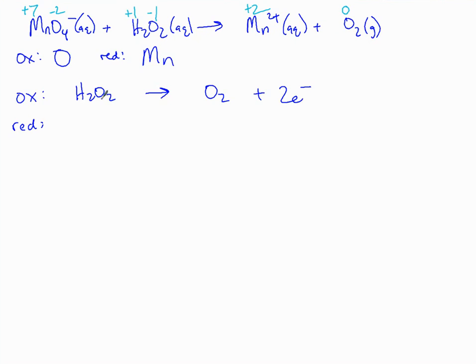There's 2 oxygens here. Each one of them lost an electron. So we had a -1 oxidation number, but keep in mind there's 2 of these, and then oxygen becomes neutral. So one of the oxygens lost an electron, and then the other oxygen lost an electron. This is one of the more difficult examples, but that's what happened.